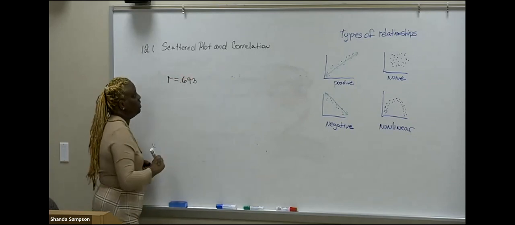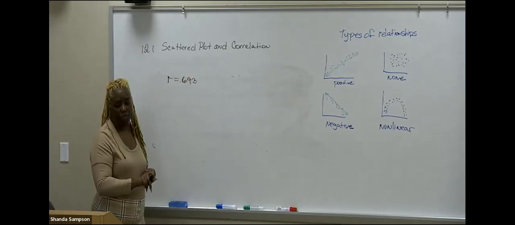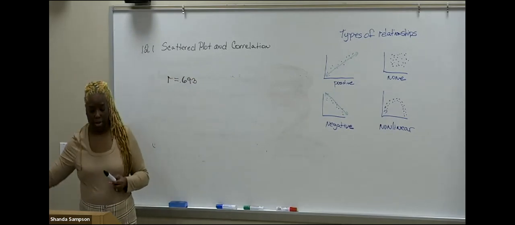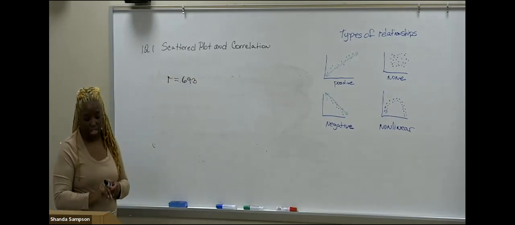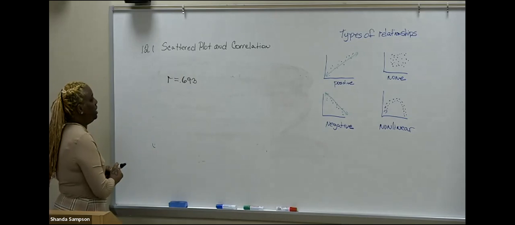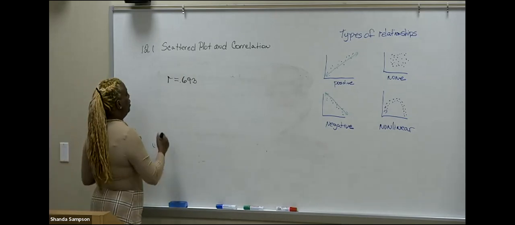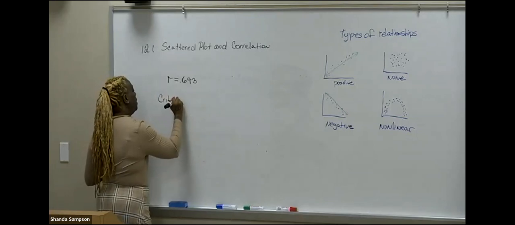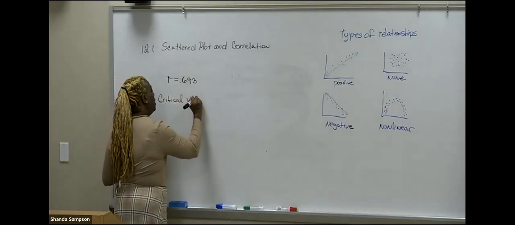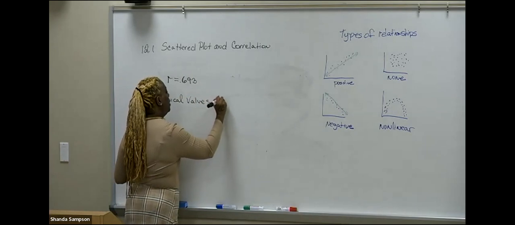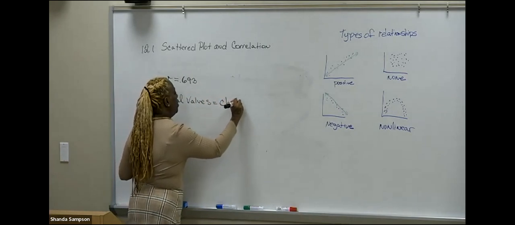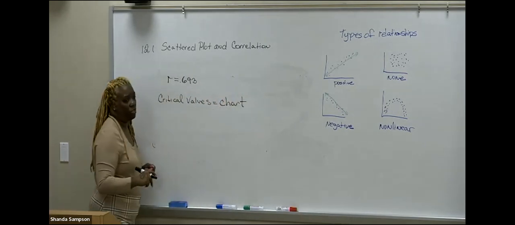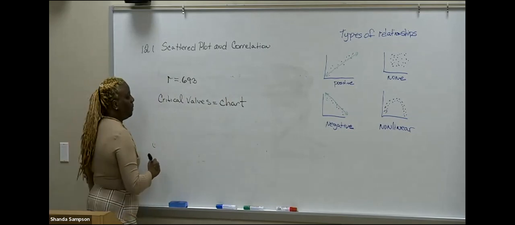This is the one that we got from the calculator. And then we have what's known as our critical values, which we get from a chart. So critical values are values that we get from some chart.